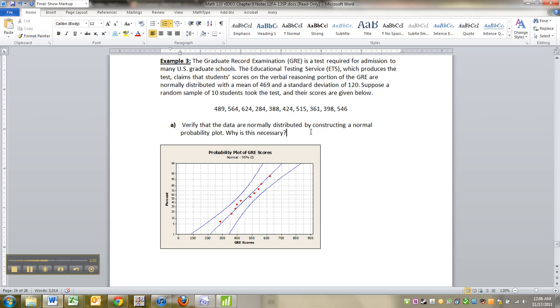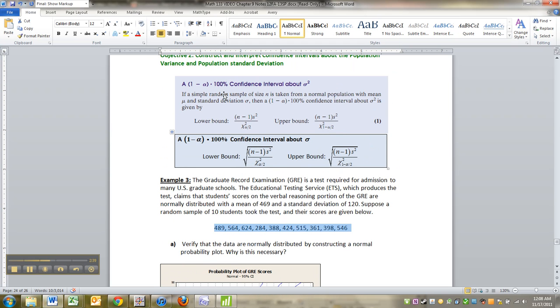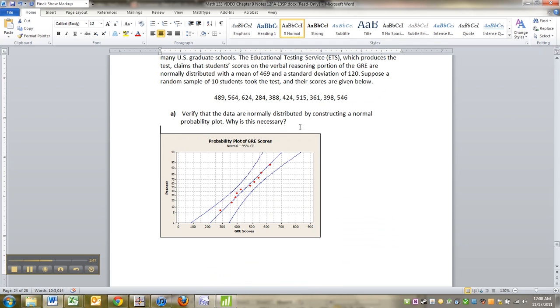Why is this necessary? Okay, first of all, if you look up at the blue box, it says that the simple random sample of size n is taken from a normal population. See? So you have to know that the data is normal.